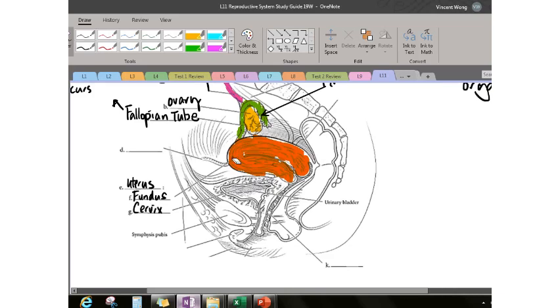When the baby is growing inside the uterus, there's going to be a mucus plug that will form over here to seal the opening of the cervix, so nothing goes in, nothing comes out. When the water breaks, for example, and the baby is ready to come out, the mucus plug would come out first.